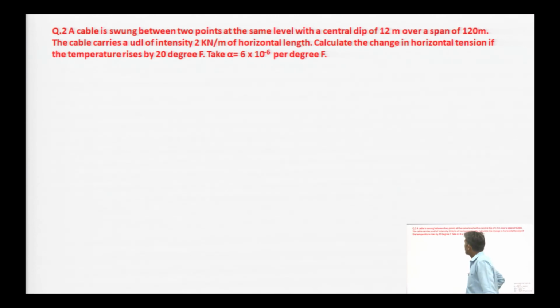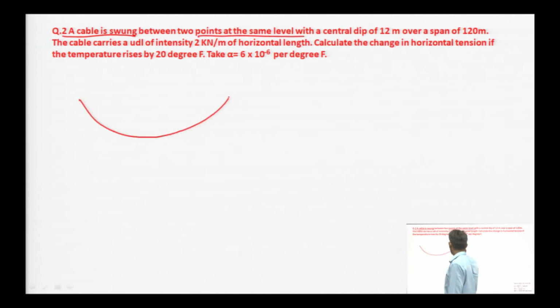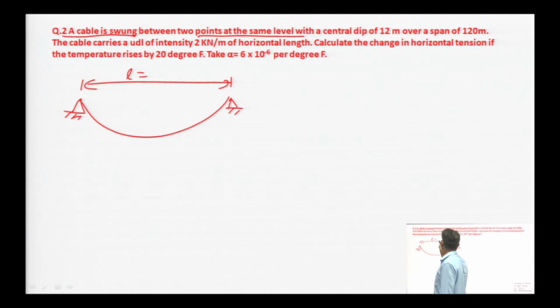Let us do one more question. In this question, a cable is sunk between two points at the same level, means we have a cable in this manner with L equal to how much?